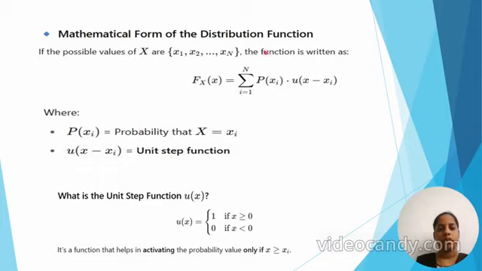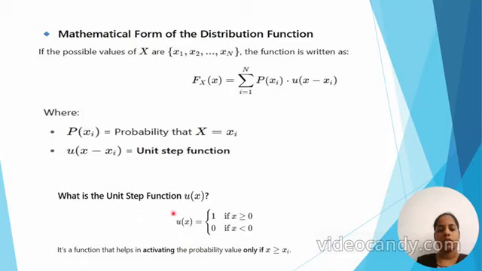Mathematical form of the distribution function. If the possible values of X are x1, x2, x3, and so on up to xn, the function is written as F_X of x equal to the sum from i equal to 1 to n of P of xi times u of x minus xi, where P of xi equals the probability that X equals xi. u of x minus xi is the unit step function.